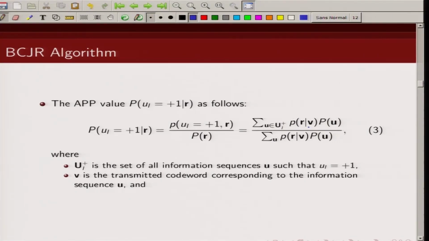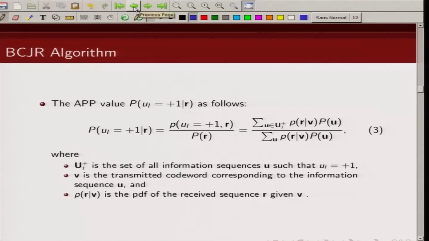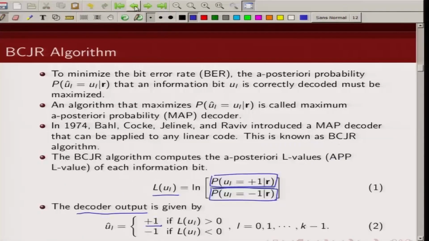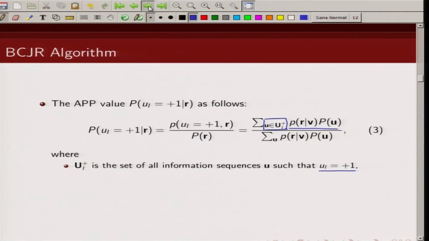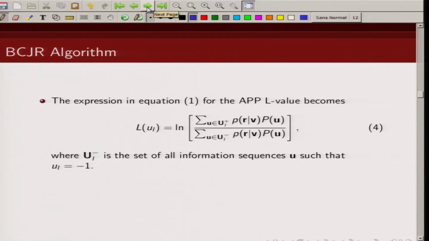Our transmitted code word is V, our information sequence is U, and R is the received sequence. The probability of R given V can be computed from the given channel. Now, in the denominator we need to compute the probability of U_l being minus 1 given R. Similar to this term, we can write the probability of U_l being minus 1 given R, and the probability of R is a common term.